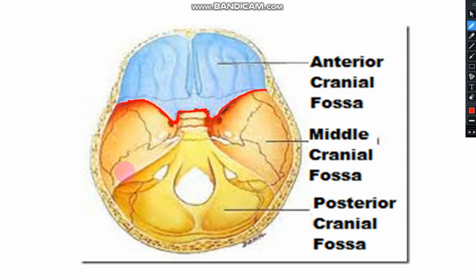Whereas the posterior margin of the middle cranial fossa is limited by the superior border of the petrous part of the temporal bone. Remember these words, because you will encounter them again when we talk about the dural folds, so understand it carefully.